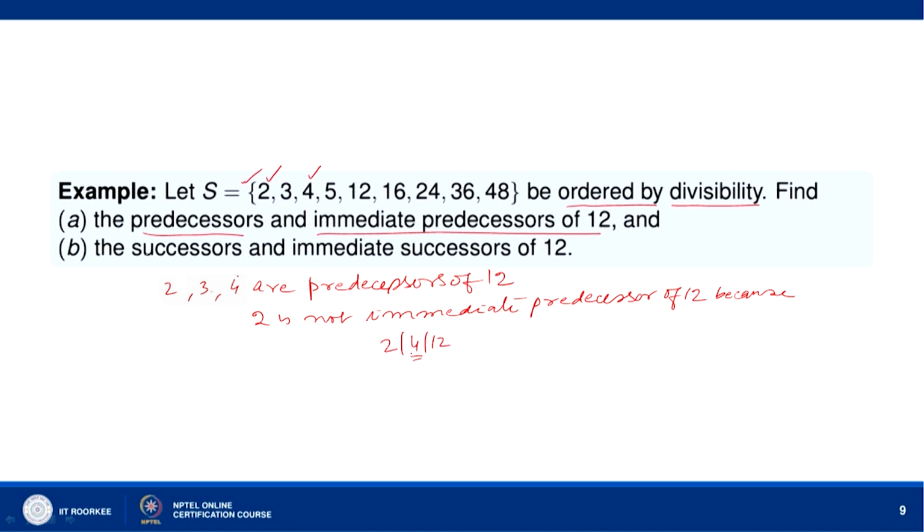So, there is 4 in between 2 and 12. Because of the occurrence of 4, and 4 is an element of S, this 2 is not an immediate predecessor of 12.